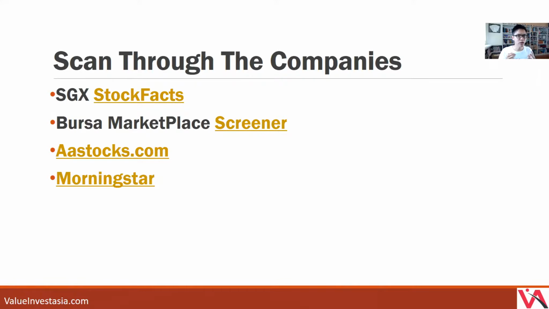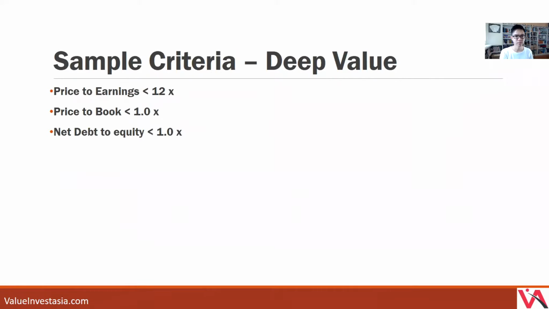Or even if you still can't find them, Morningstar.com definitely should have some data on almost any listed company globally. So these are the portals that I use when I'm trying to find financial data of a company I want to research, something that maybe is beneficial to you as well.